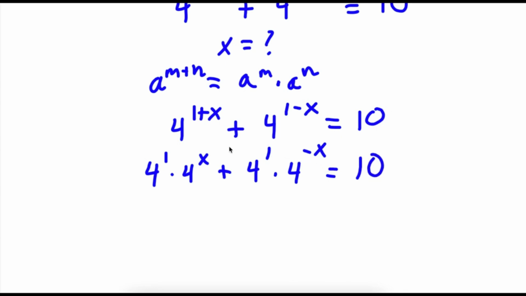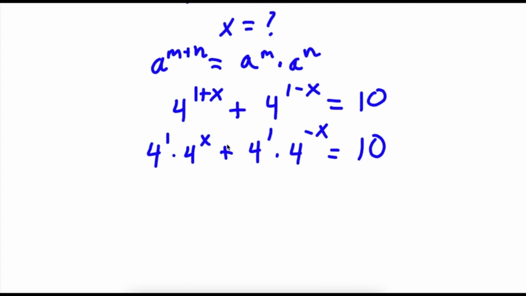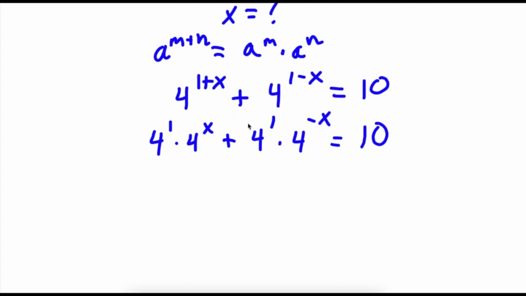Now, 4 to the power of 1 is the same thing as 4, so this would equal 4 times 4 to the power of x plus 4 times 4 to the power of negative x is equal to 10.